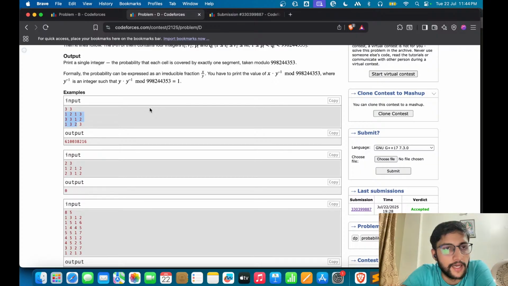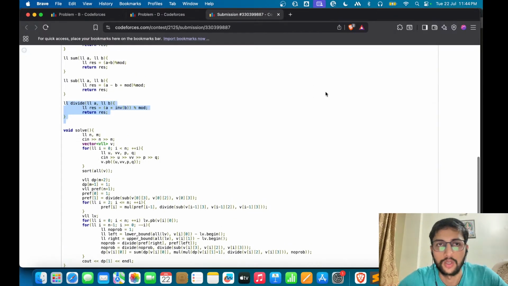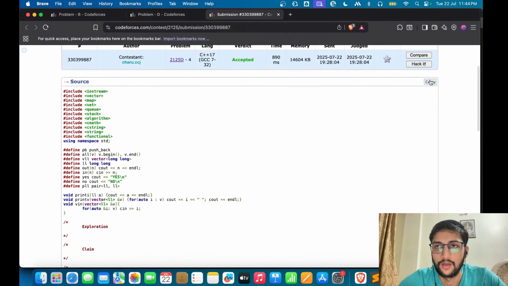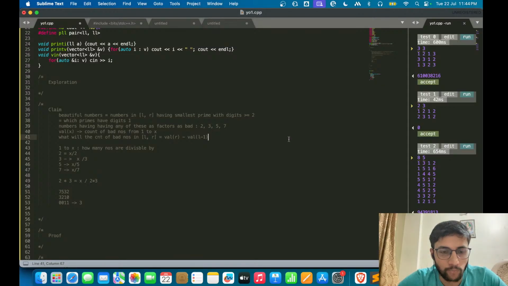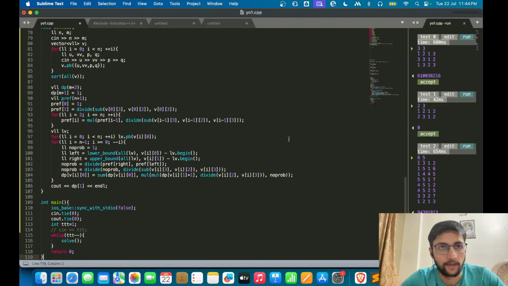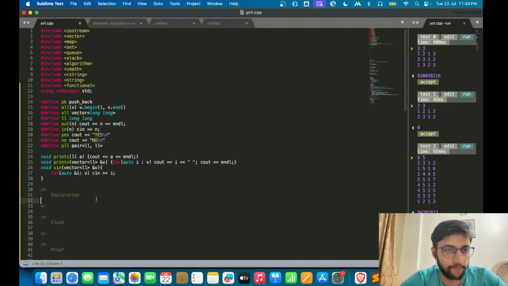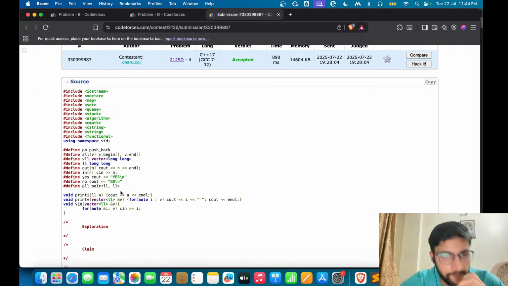First thing I did was I sorted the ranges. Let's open it in the text editor so that we can explore at least what the logic was.